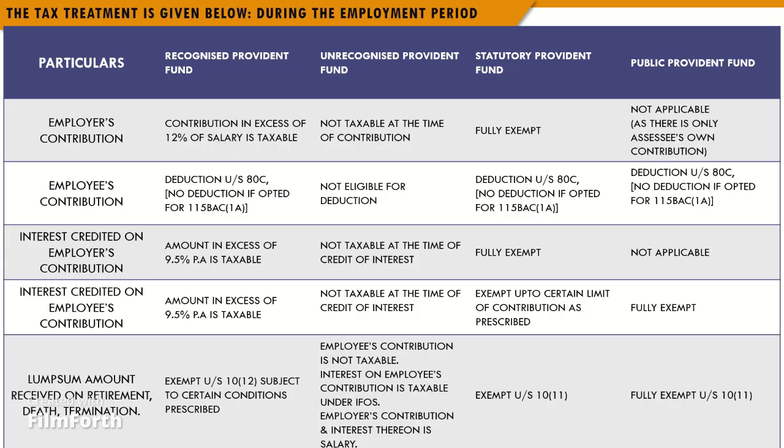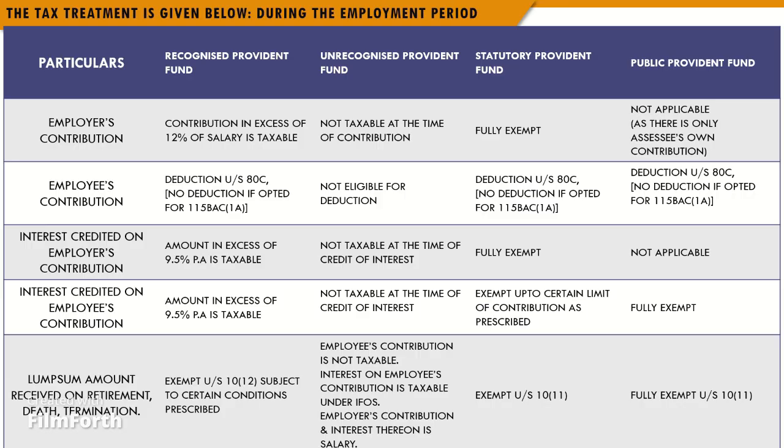During the employment period, first we are going to look at the recognized provident fund. Employer's contribution in excess of 12% of salary is taxable as salary under Section 17(1).